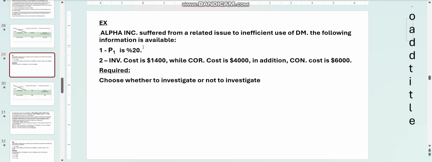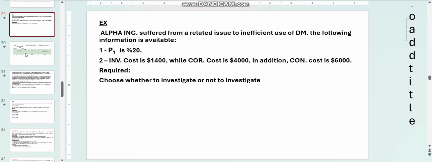Second, investigation cost is 1400 while correction cost is 4000. In addition, continuation cost is 6000. Required, choose whether to investigate or not to investigate.